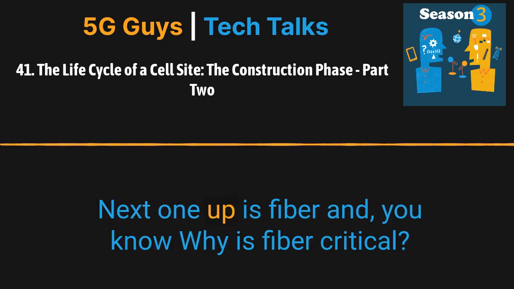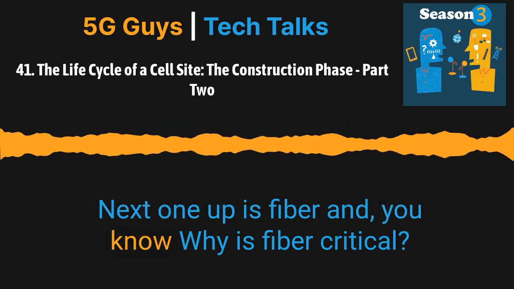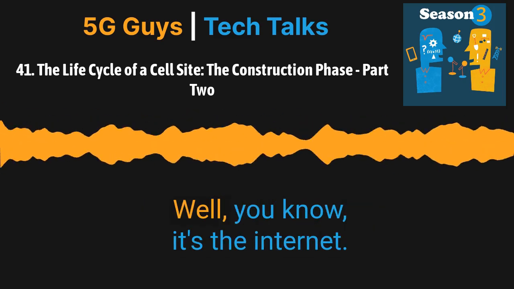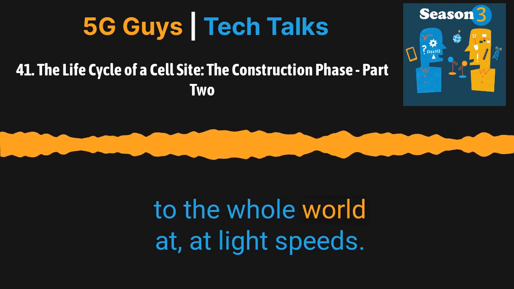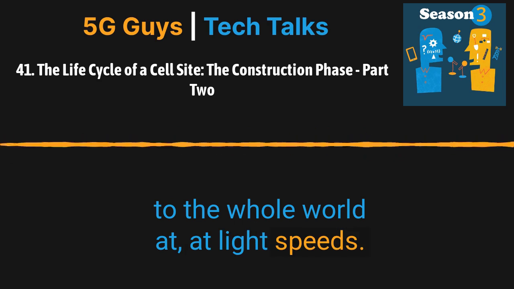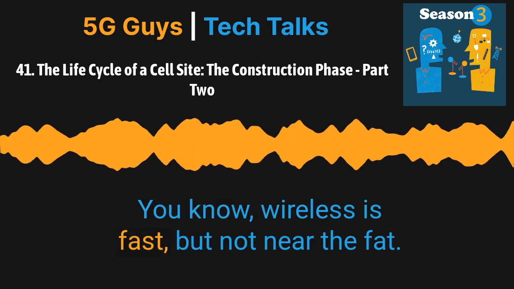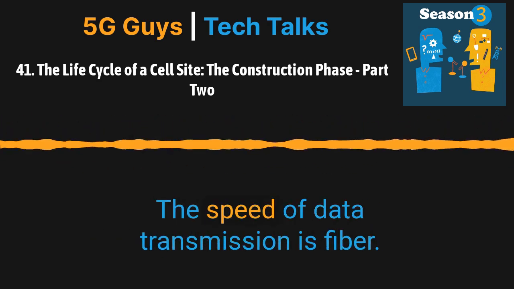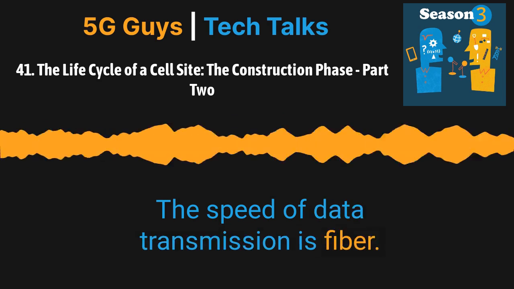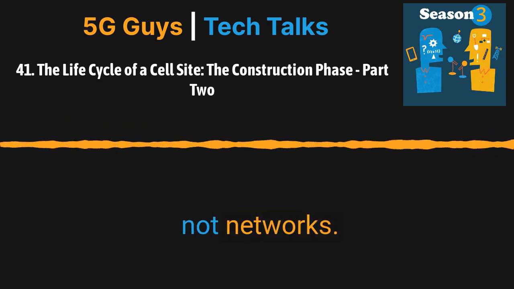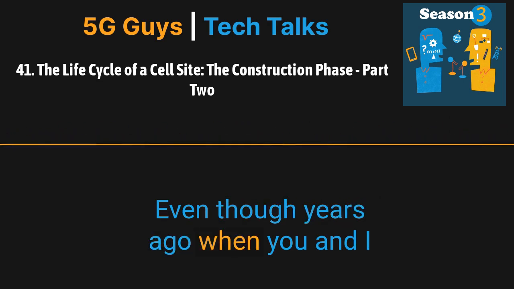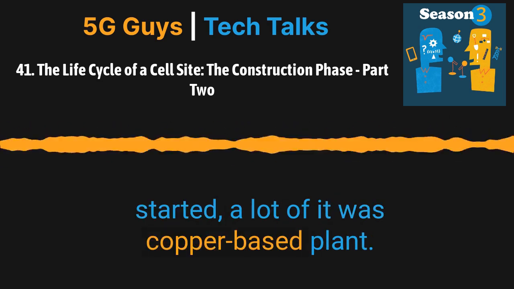Oh, yeah. Next one up is fiber. And why is fiber critical? Well, it's the internet. It's the interconnectivity to the whole world at light speeds. Wireless is fast, but not near the speed of data transmission as fiber. And so fiber is critical in today's modern networks, even though years ago, when you and I started, a lot of it was copper based plant.